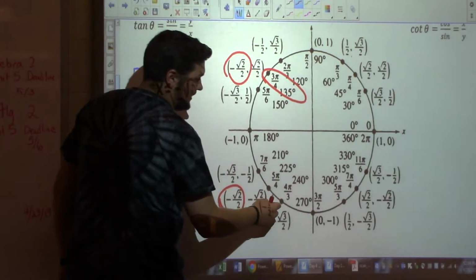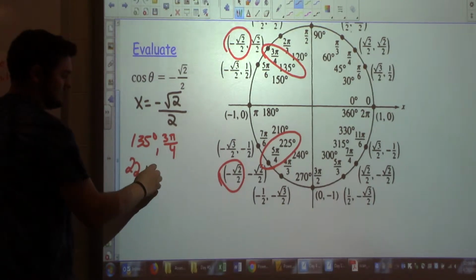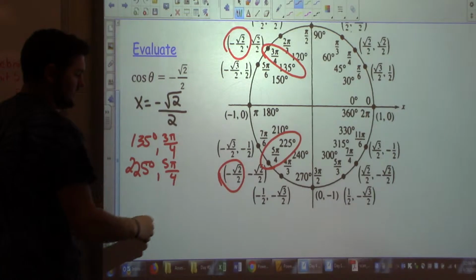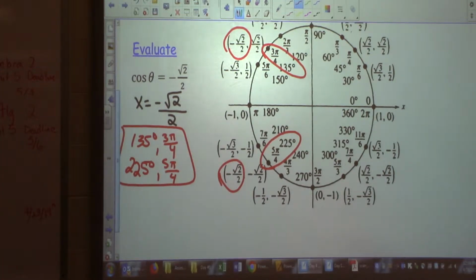And the other spot was 225 degrees, 5 pi over 4. And that's my answer. We're just trying to find those angle measures where that is true. So that's our answer. That's pretty easy, right? Yeah.